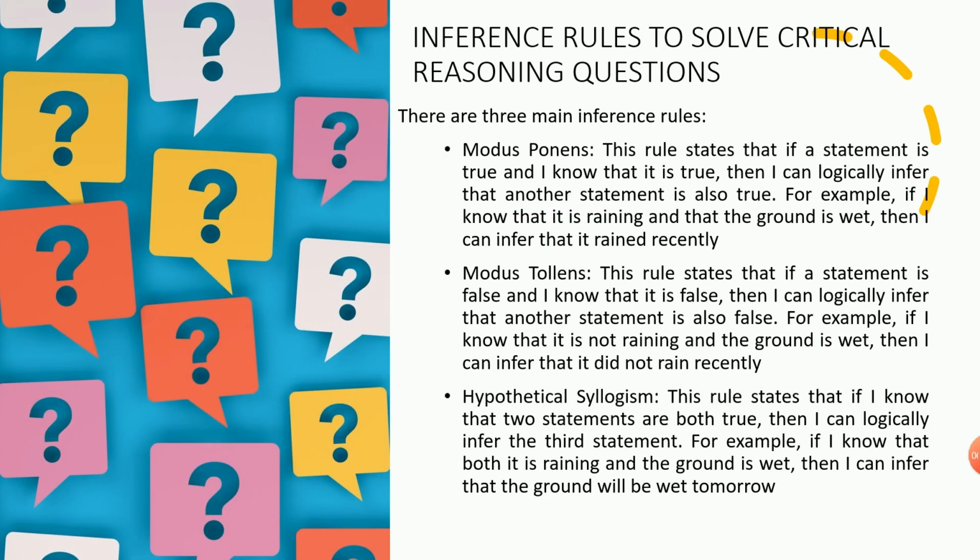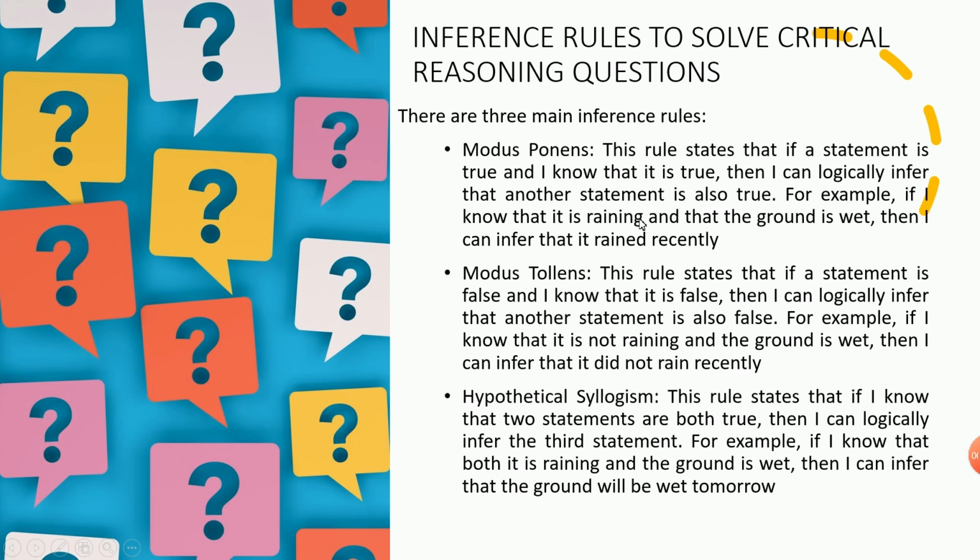So next, these are the inference rules. When we are going for critical reasoning or critical thinking, we are trying to arrive at three inference rules. First is modus ponens. So this rule states that if a statement is true, then if I know the statement is true, I can logically infer that another statement is also true.